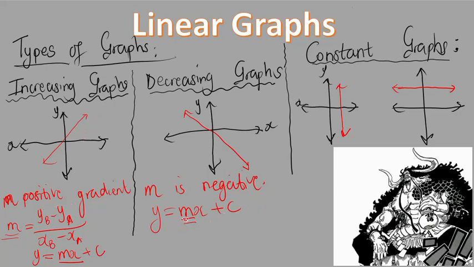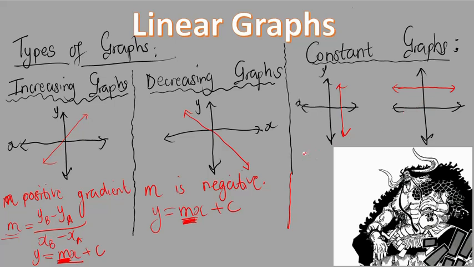So which means here, if your m is a negative value, then your graph is going to the direction of your left hand side. If your m value here is positive, your graph is going to the direction of your right hand side, right? And then here in this situation, for you to have these constant graphs, I'll explain these ones later, right?